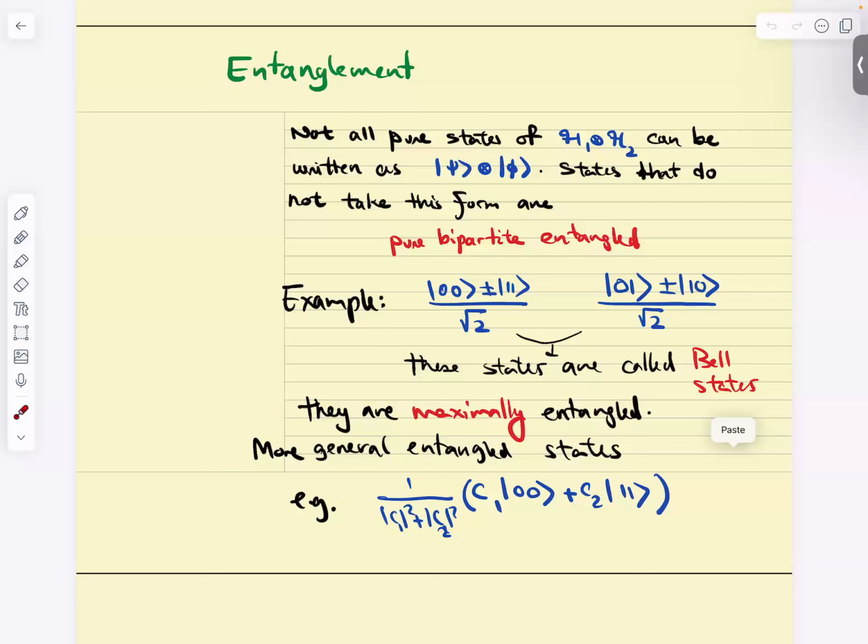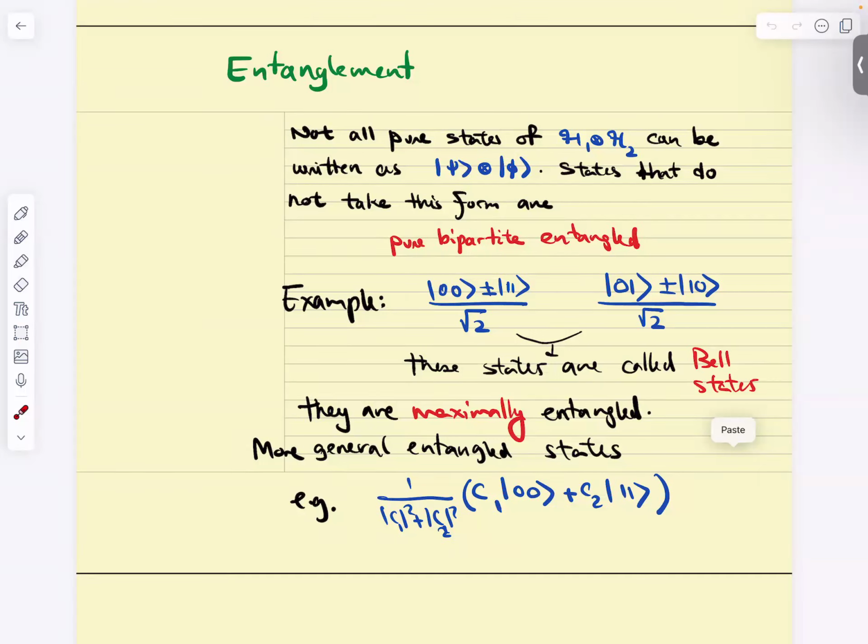So here's an entangled state. P is a number between 0 and 1. And here's an entangled state: square root P, 0, 1 plus square root 1 minus P, 1, 0, okay?